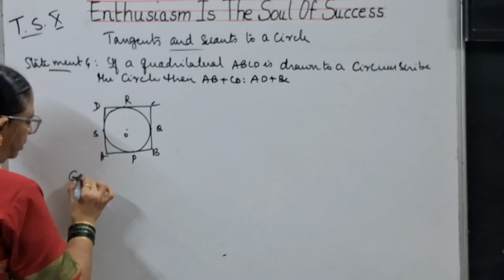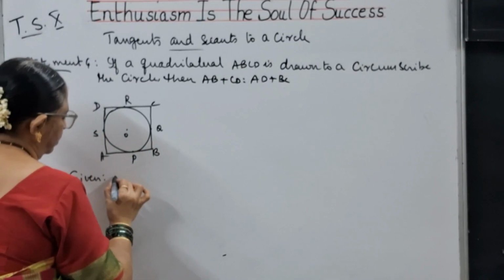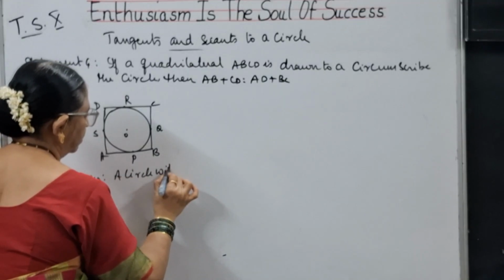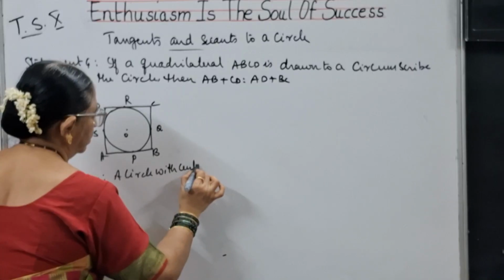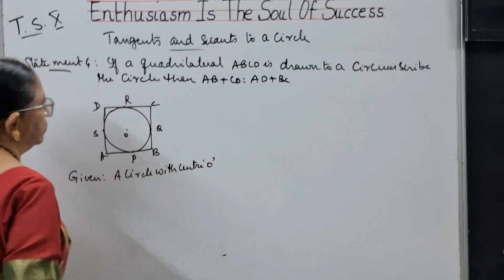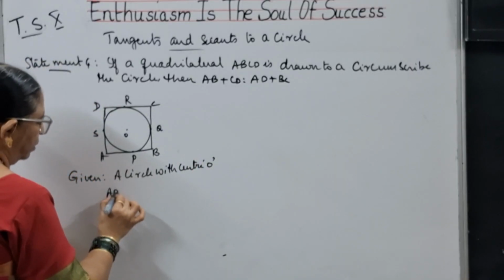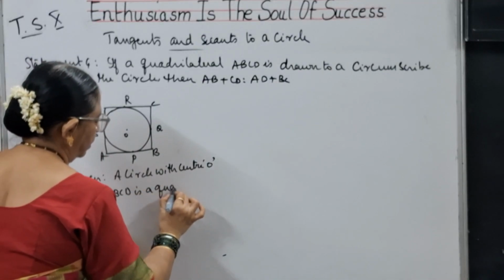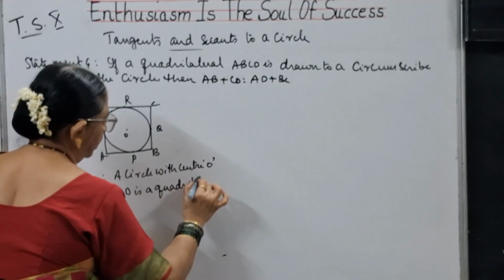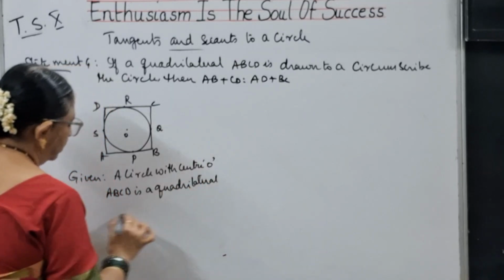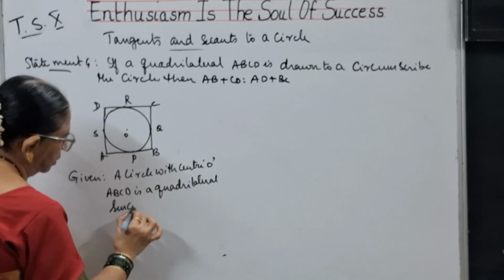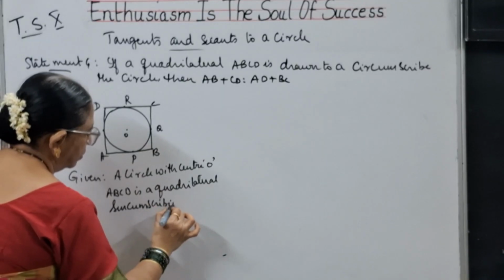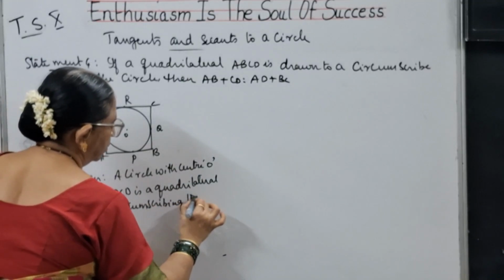So, what is given to you? You have got a circle with center O, and ABCD is a quadrilateral circumscribing the circle.